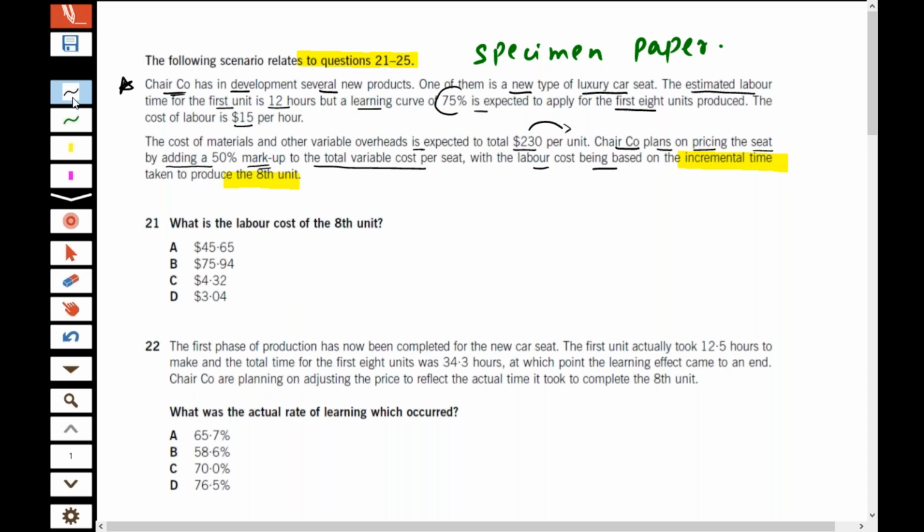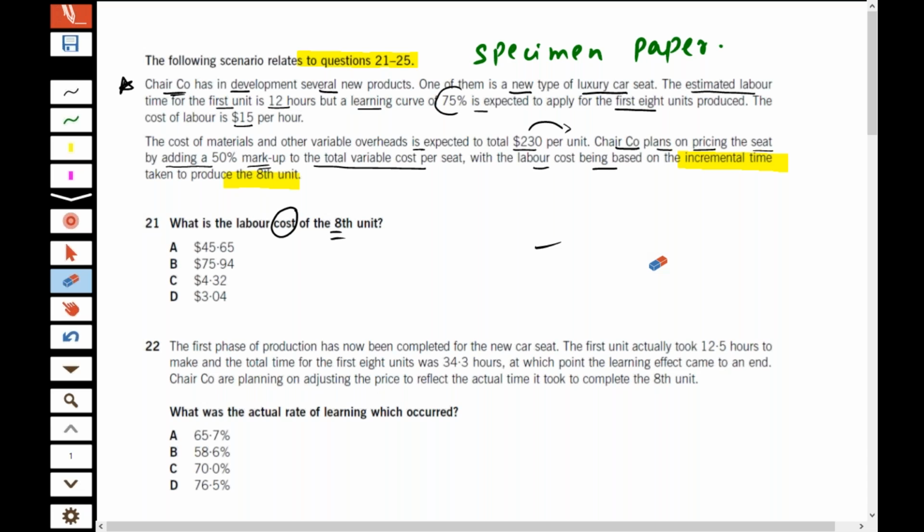To produce the eighth unit. Now, what is the requirement? What is the labor cost of the eighth unit? Where is the value of B? I'm not able to find it here, which means we need to calculate the value of B ourselves. How do you calculate the value of B?